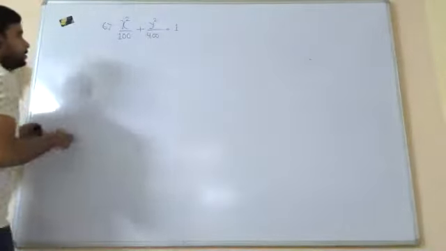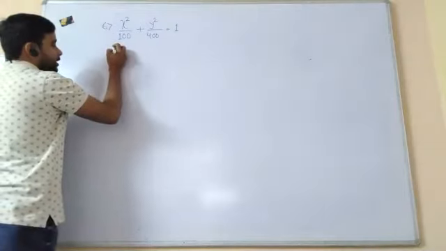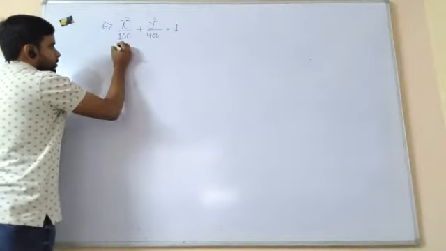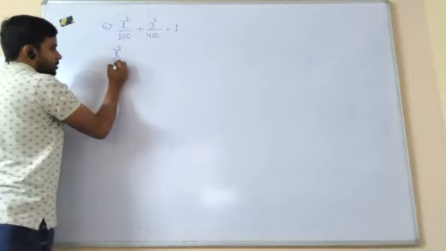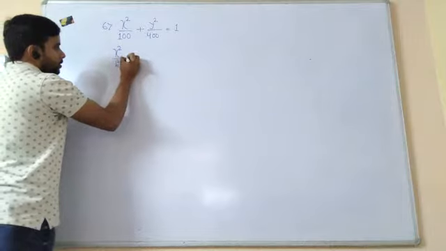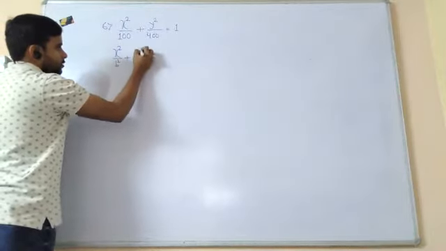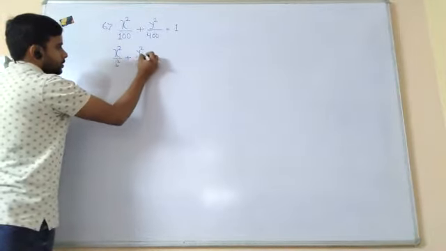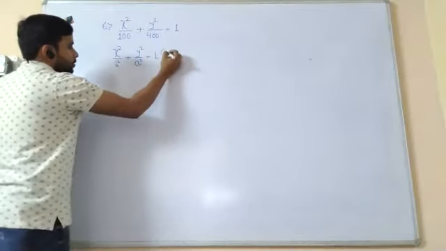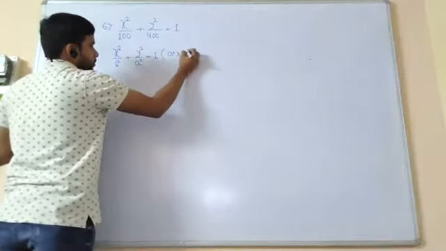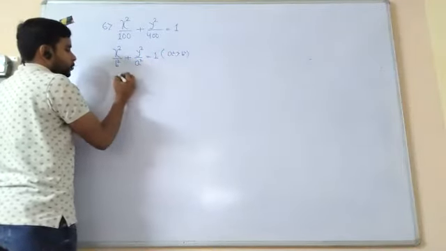Yes, sir. So we find that this is clearly a vertical ellipse, whose form is x square by b square plus y square by a square equals to 1. So the value of a square is 400.